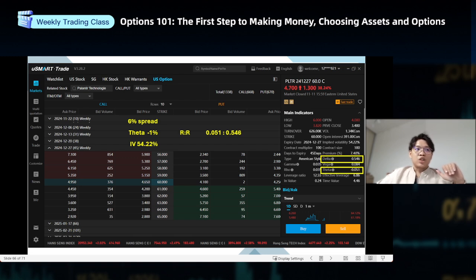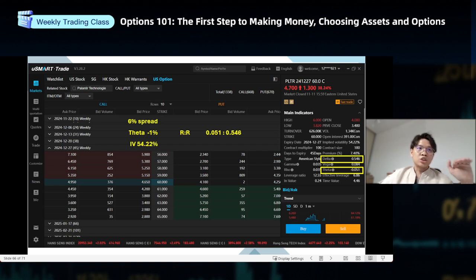And the last thing you will check on is the risk to reward ratio, the theta compared to the delta. The theta is the rate at which it is going to depreciate every day, and the delta is the premium increase for every $1 increase in the share price.